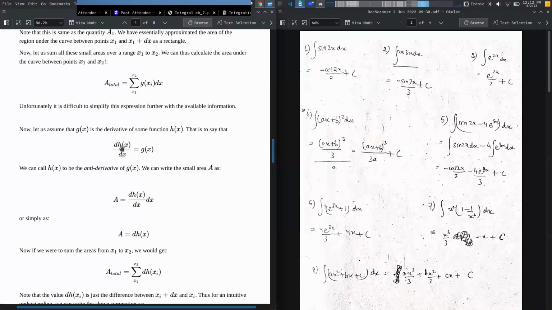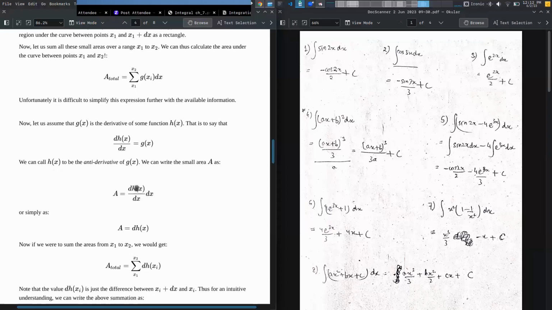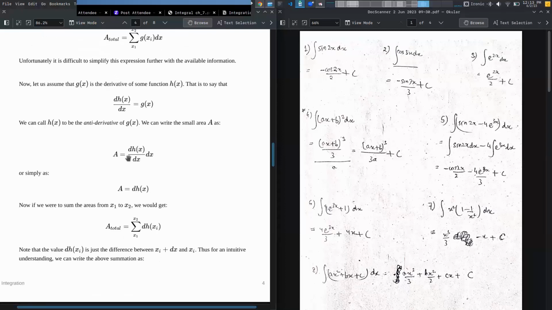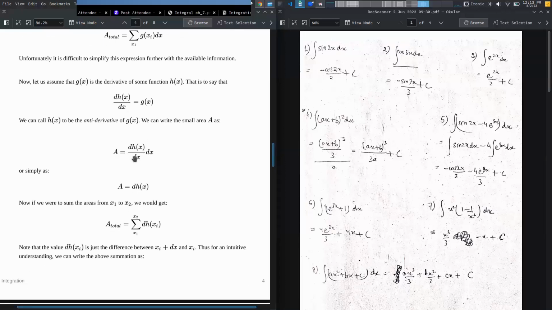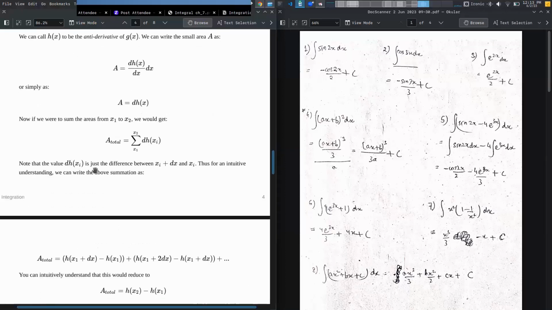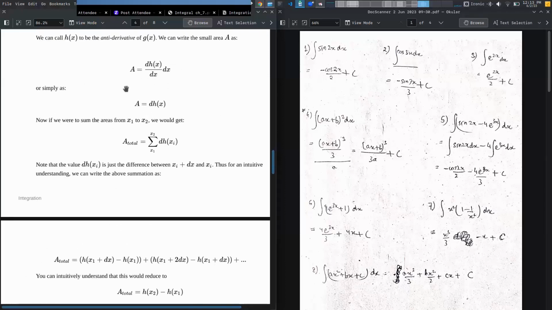It should be specifically dh at x1. I think I forgot to include that. So dh at x1 divided by dx is the derivative of h(x) at x equals x1. So we can just write dh(x1) as the derivative of h(x) at x equals x1 times dx, and we'll simply obtain this after simplification.